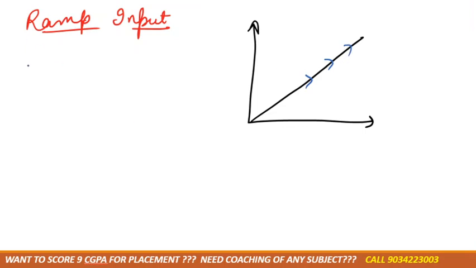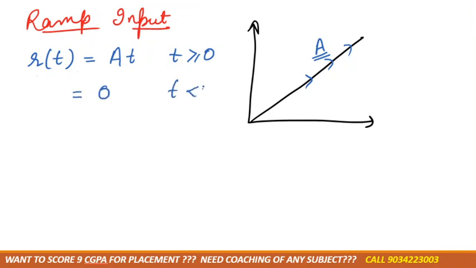The ramp input is represented by r of t and its slope is, suppose, a. So we can write r of t equal to a t for t greater than or equal to 0, and it is 0 if t is less than 0. The output is 0, correct?